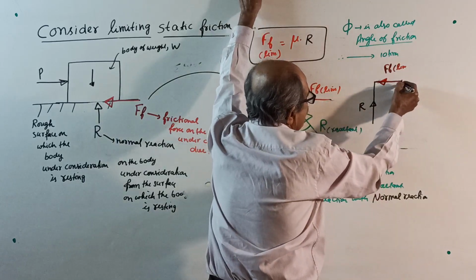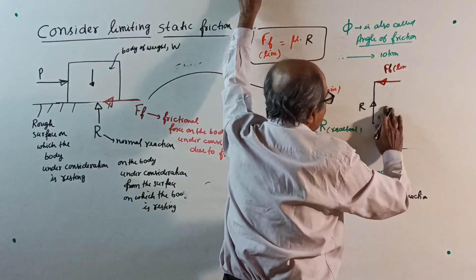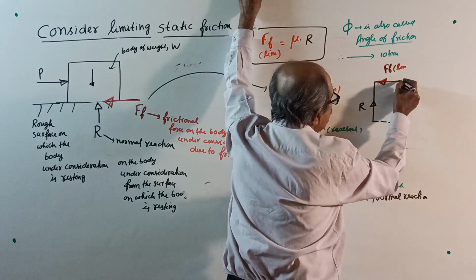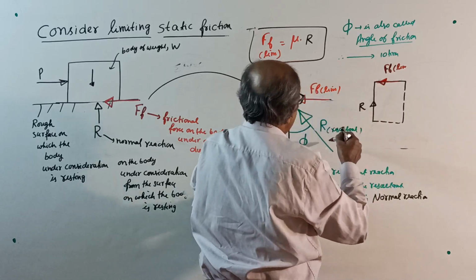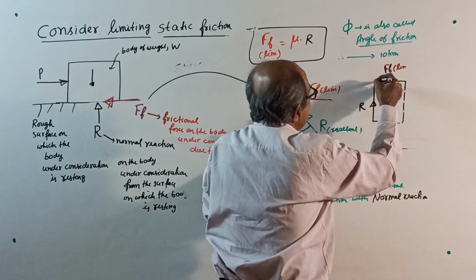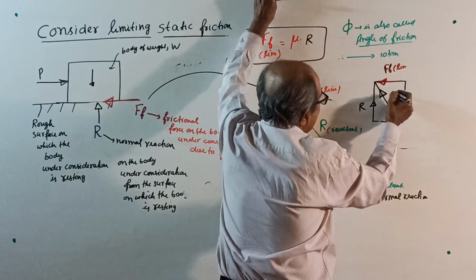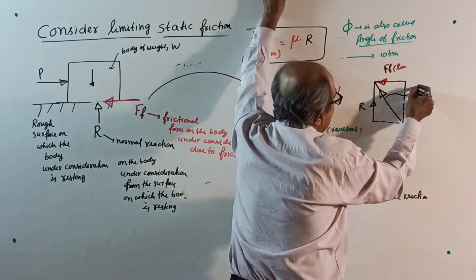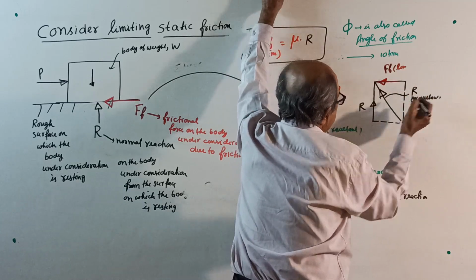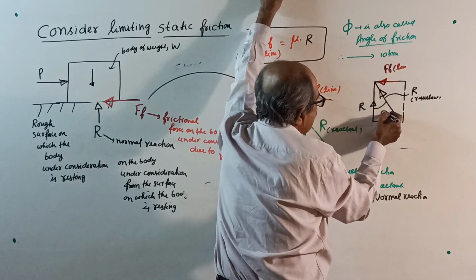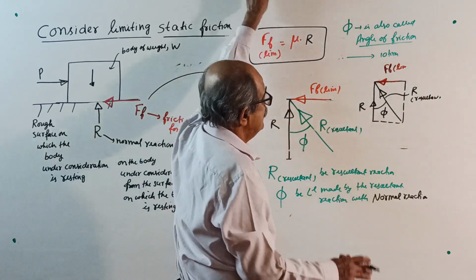Join this way, complete it this way. Then this is your resultant reaction R. This angle is phi, the angle made by the resultant reaction with the normal reaction R.